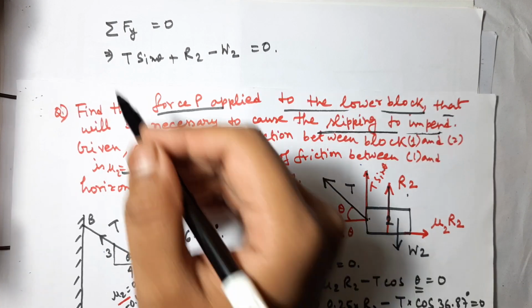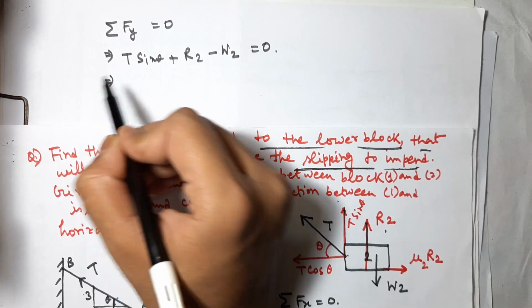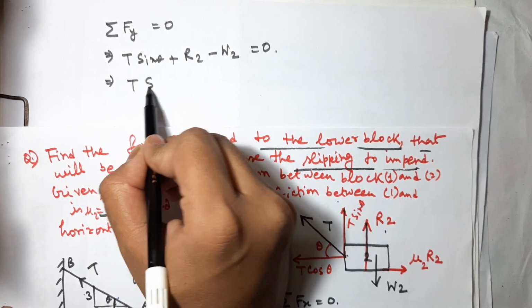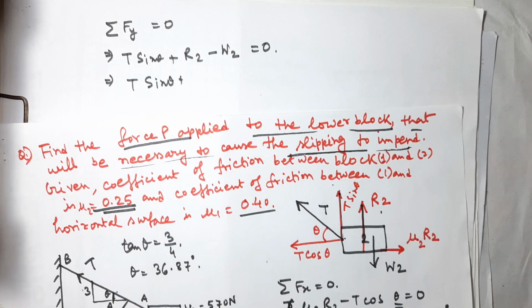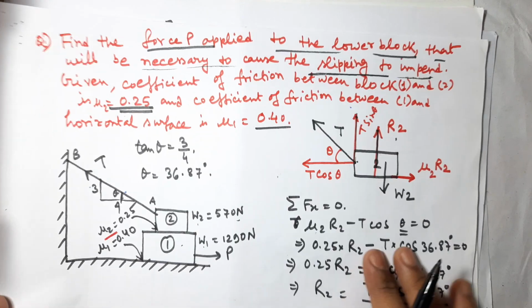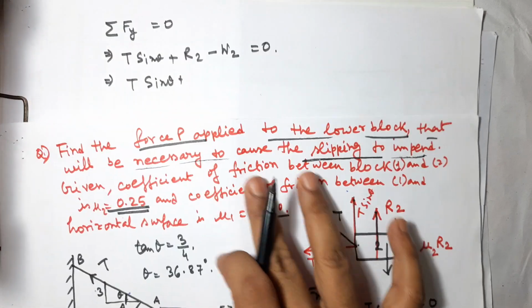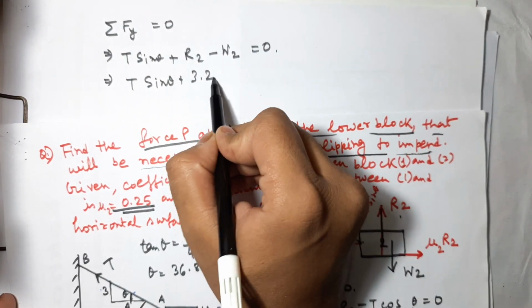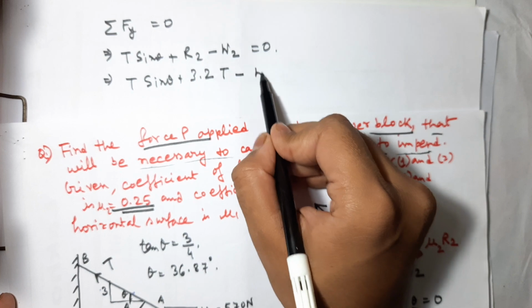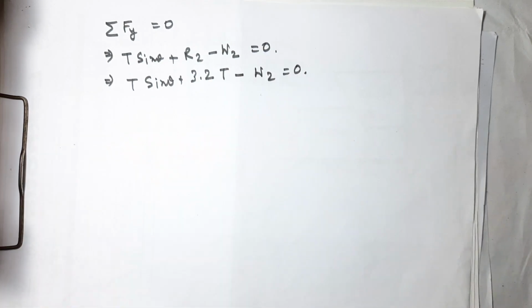Substituting R2 equal to 3.2 into capital T, we get T sin theta plus 3.2 T minus W2 is equal to 0.